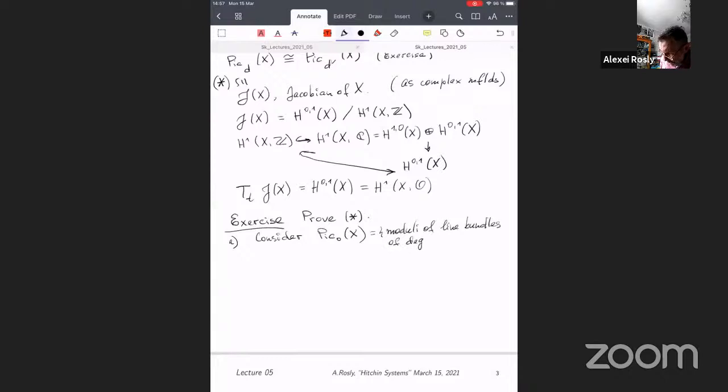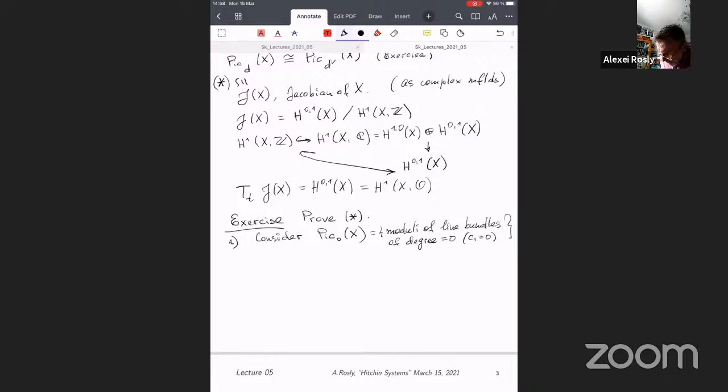The degree is the same as the first Chern class. Since they are topologically trivial, it's not hard to deal with d-bar connections in such bundles.